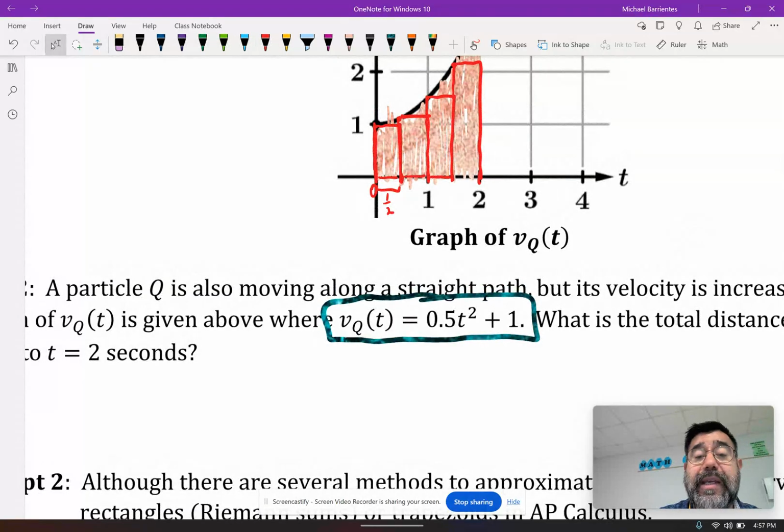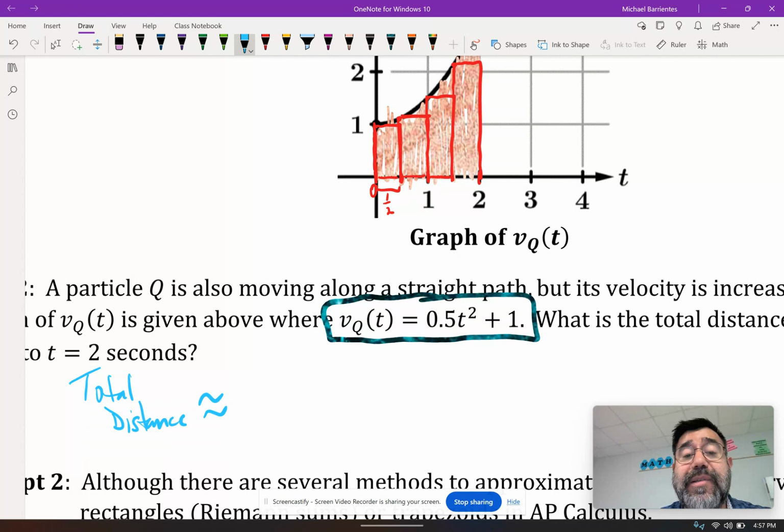So I'm going to say that this shaded region, or the total distance, can be approximated by, so I have to put the approximation symbol, base times height. I know that the base is 1/2 in the first rectangle, and the height is based off of the function value at 0. So I'm going to say that times v of 0, because that function value represents the height of the rectangle.